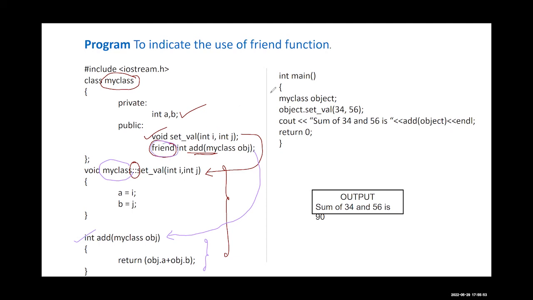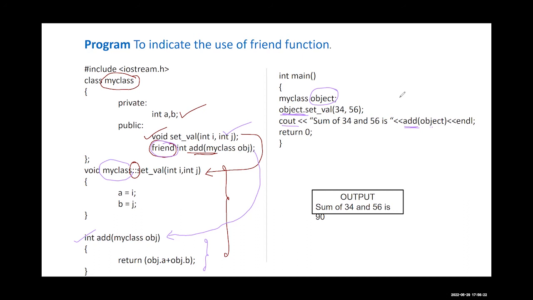Now see how it has been called. In the main function, I am creating an object of MyClass, and using that object I am calling the member function. Right now, when I am doing the cout operation here, I am saying add of object. That is, I am directly sending this particular object as a parameter.